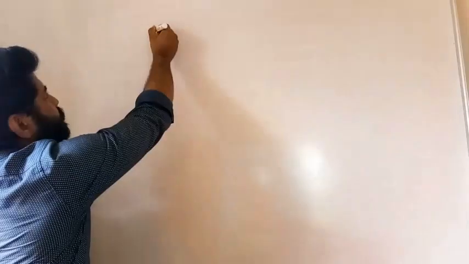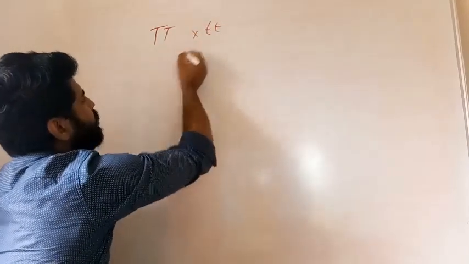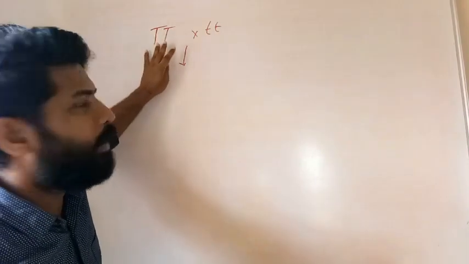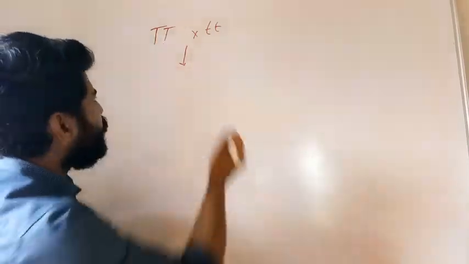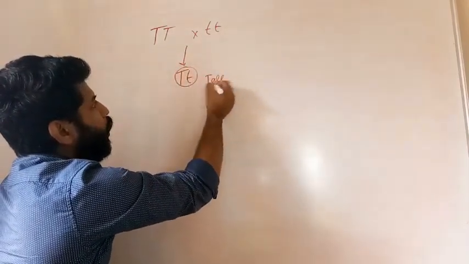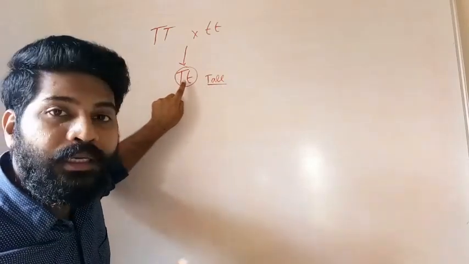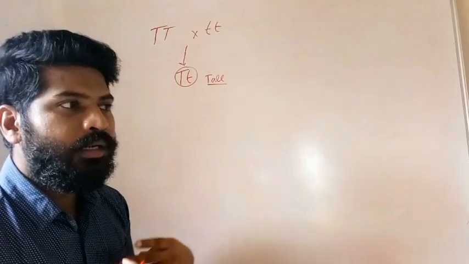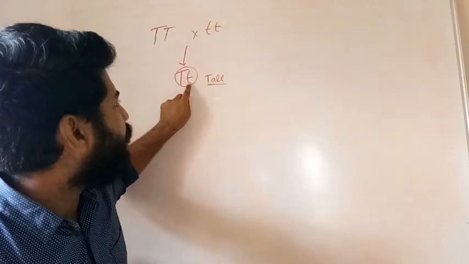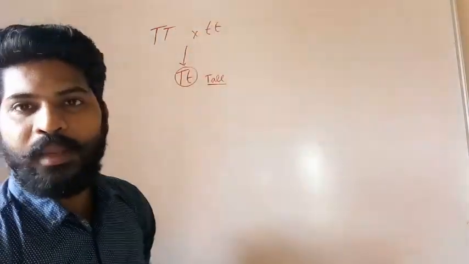When capital T is crossed with small t, because we are using the alphabets, we know that this tall plant is not homozygous, it is heterozygous, capital T, small t. But in real life, practically in the field, the heterozygous tall and homozygous tall both appear to be exactly the same height.